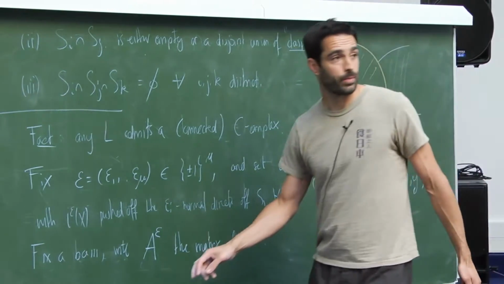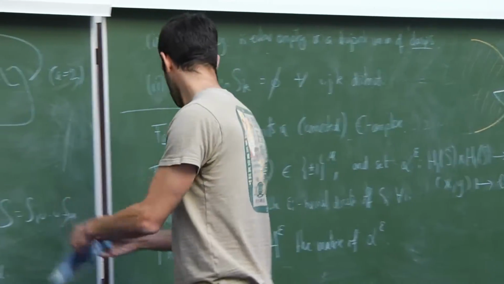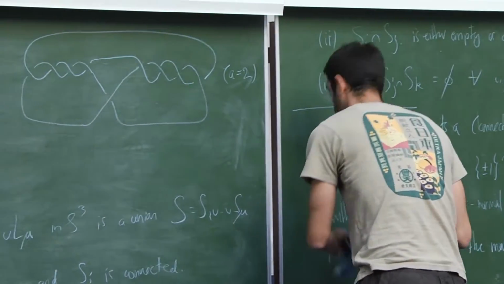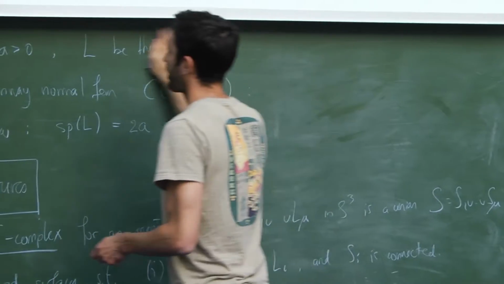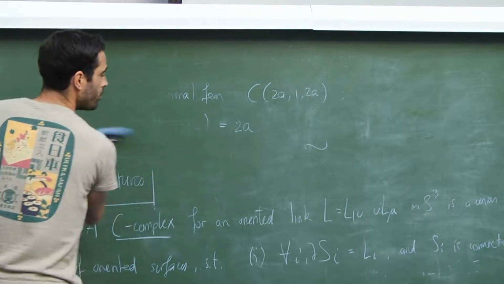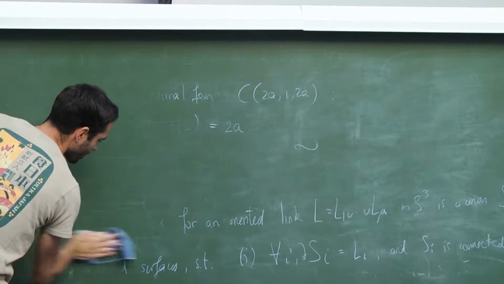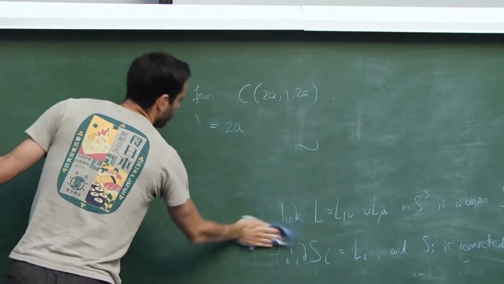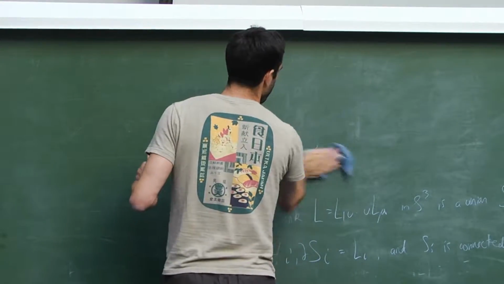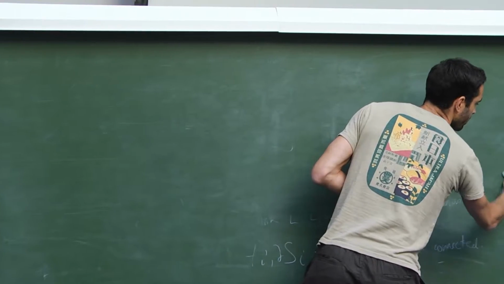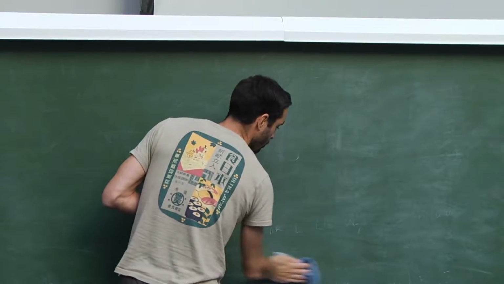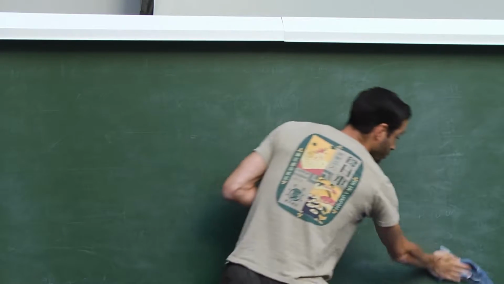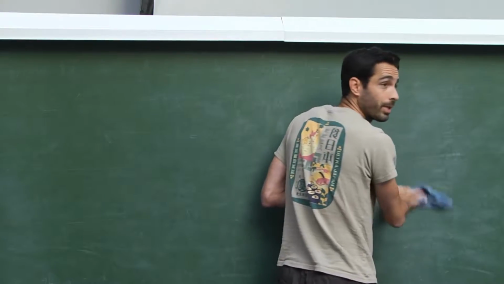Okay, a couple of remarks. The first remark is that there are 2 to the power mu different matrices, but they're related in the same way that for a usual Seifert matrix, if you push in one direction or the other, the two matrices you get are related because one is the transpose of the other.